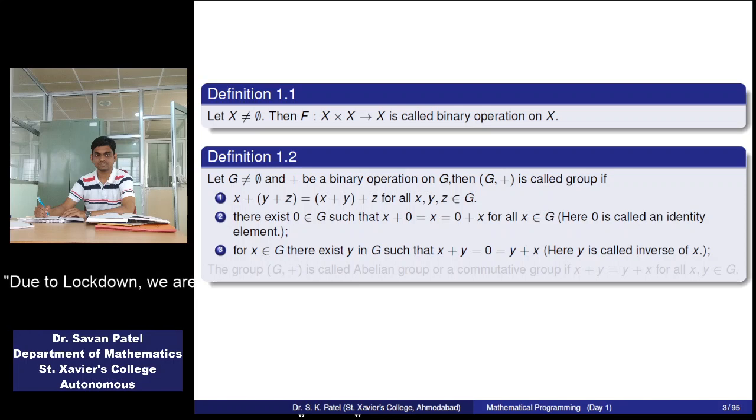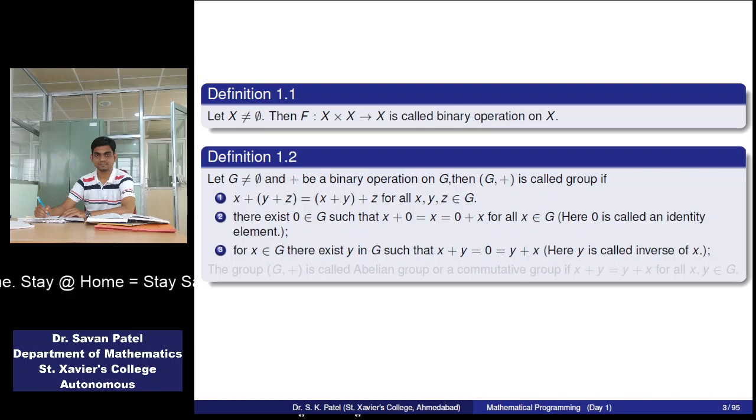Third property is for every element x in G there should exist y depending on x such that x + y = 0 = y + x. There should exist the inverse. This y is called the inverse of x.